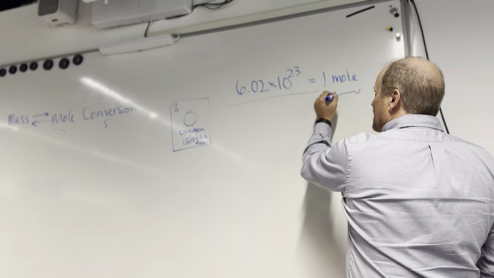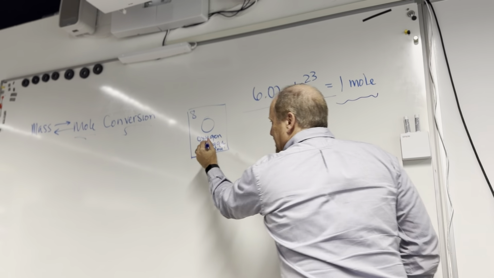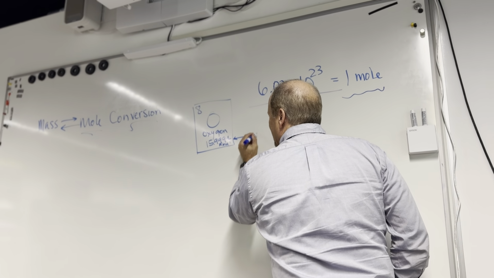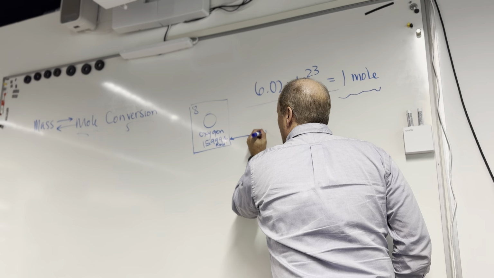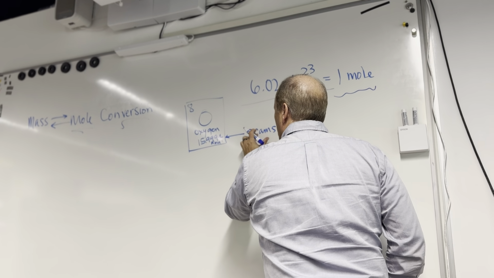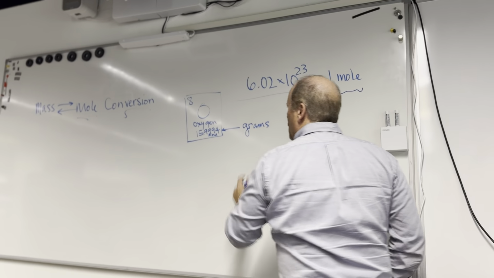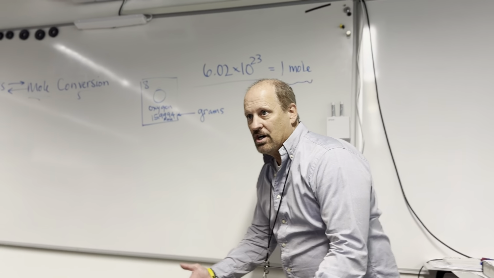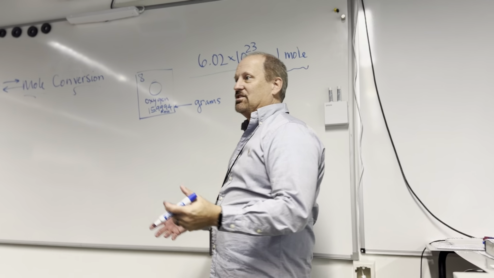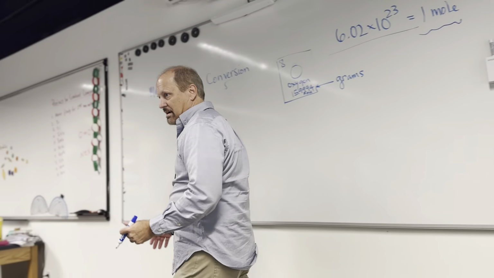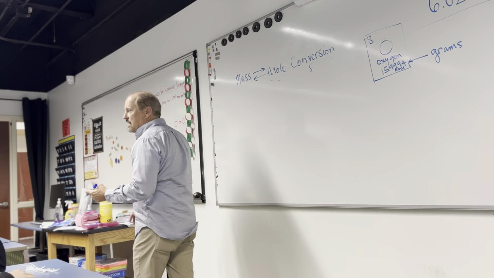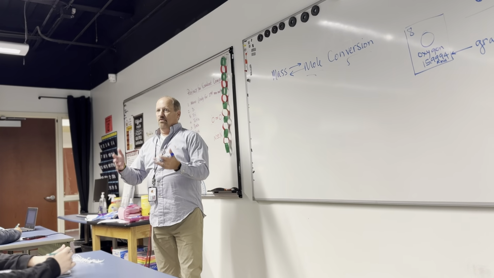Okay. So if I have 1 mole of oxygen, this is how many grams there are. If I have 1 mole of copper, that has a mass of 63.546 grams. If I have 1 mole of chlorine, it's 35.45 grams.